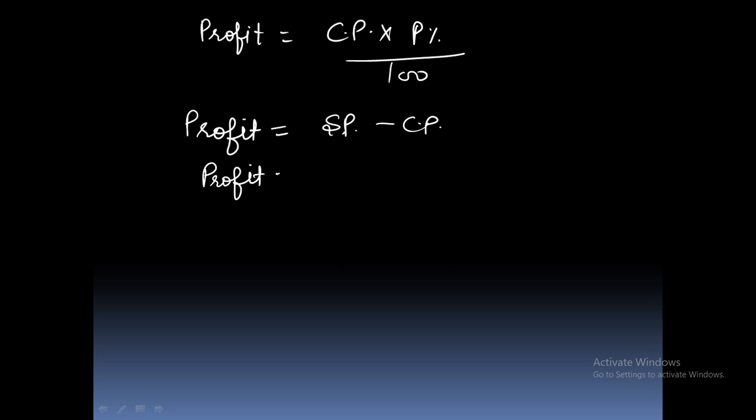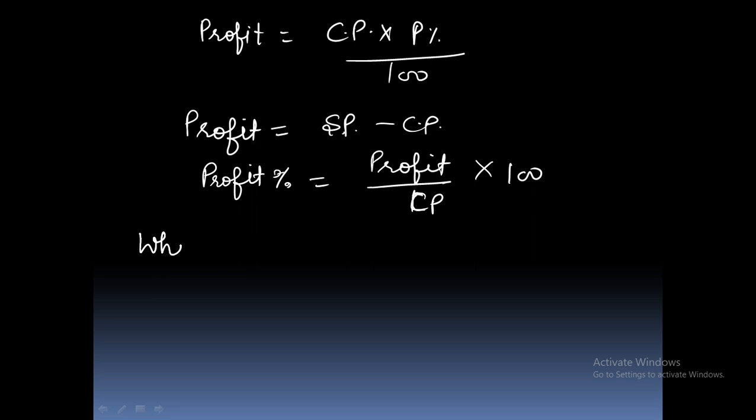You have to calculate that profit percentage. Then you will calculate profit percentage by this formula, profit over cost price. You should remember this point, that profit will be always on cost price. It will never be on the selling price. It will be always calculated on the cost price.